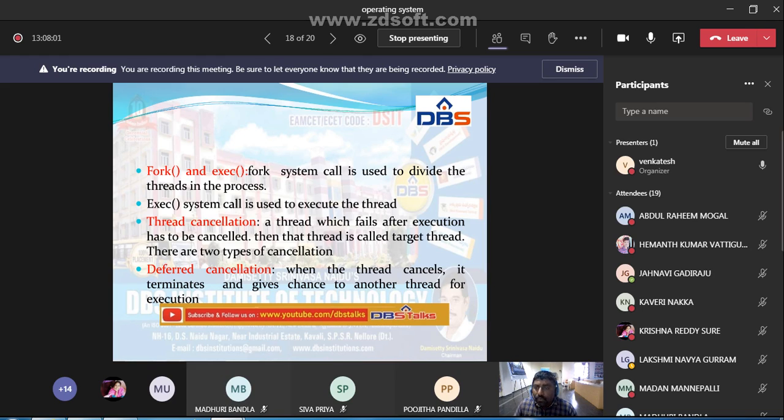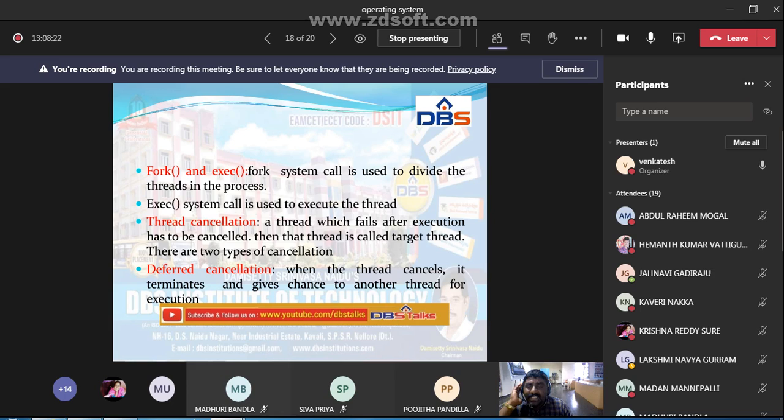That means fork is a system call used to divide the threads in a process. For example, if a process has different threads and you want to divide those threads, then the operating system will call the system call fork.